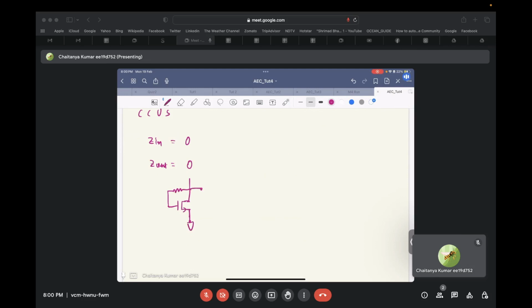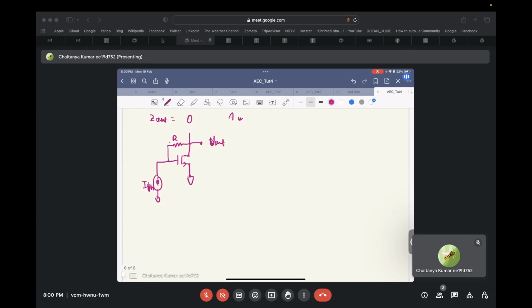You were taking the output from the drain side, and you were applying the current to the gate as input, and getting the output at V out. So let's quickly go through the math, like how we get the values of Z in, Z out, and the gain, that is AV.